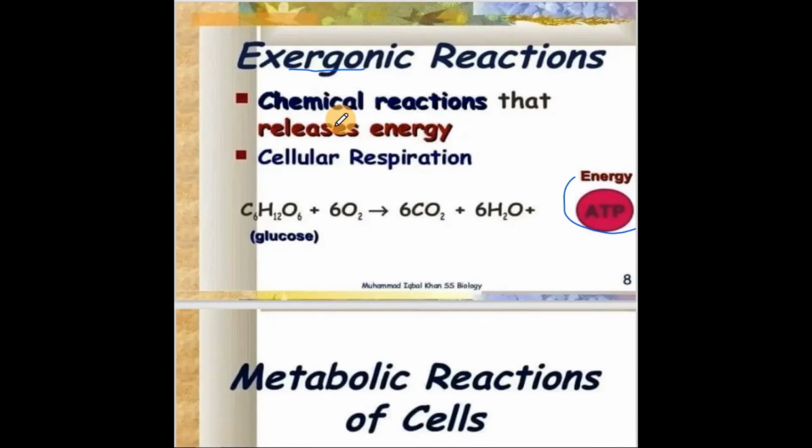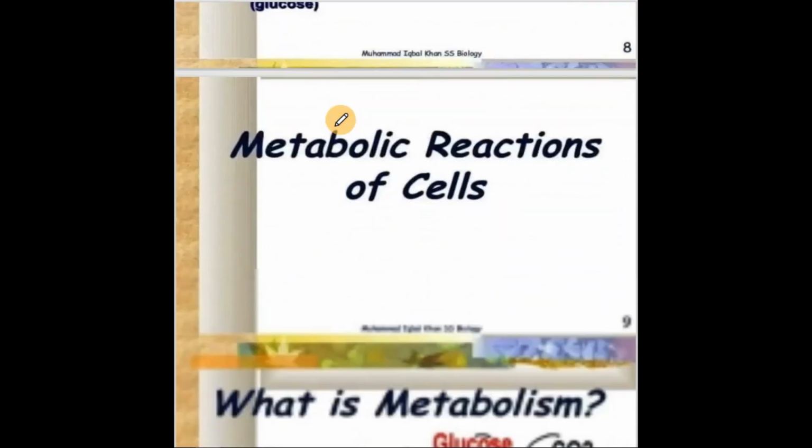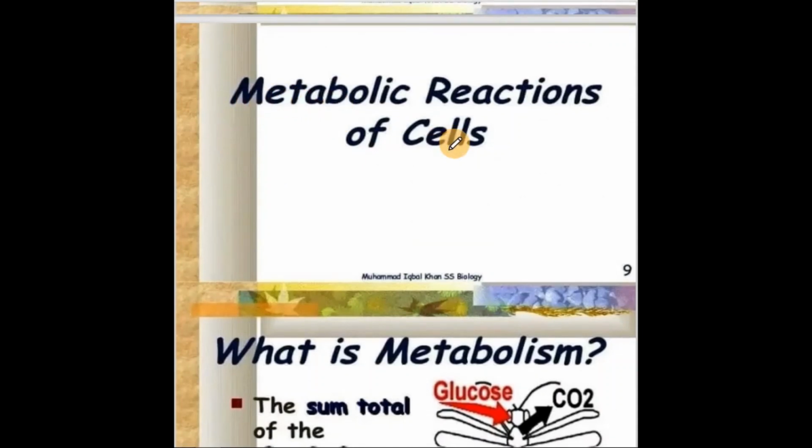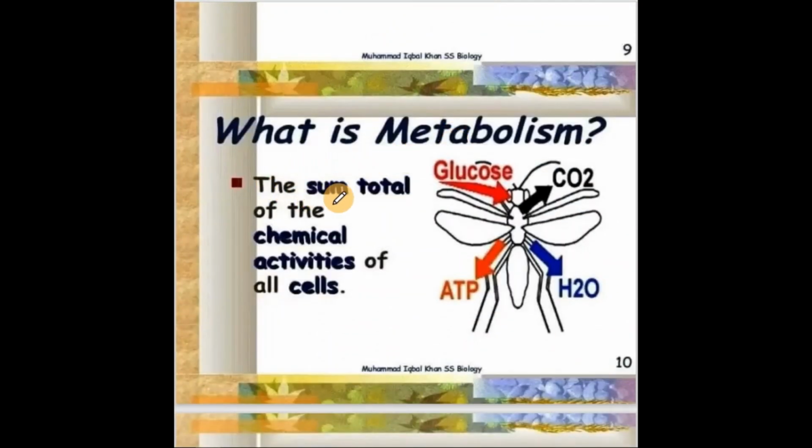So now let's look at the metabolic reactions of cells that can be either exergonic or endergonic. We have metabolism, which we define as the sum total of all the chemical activities of the cell. All the biochemical reactions that exist in a living system is what we call metabolism.